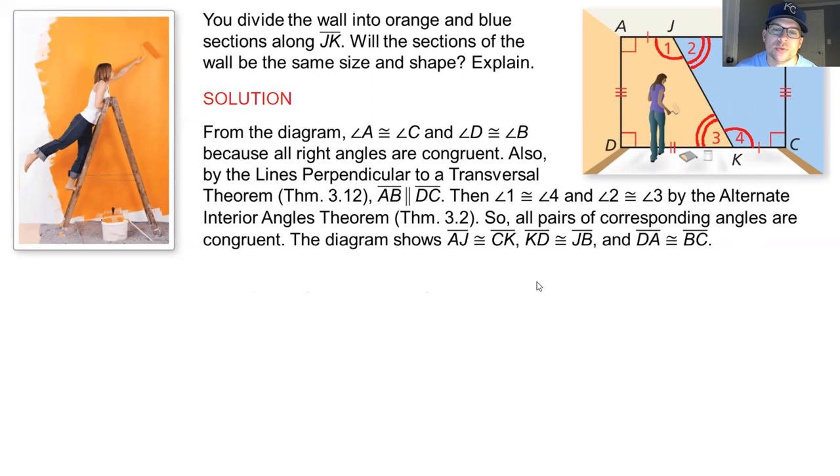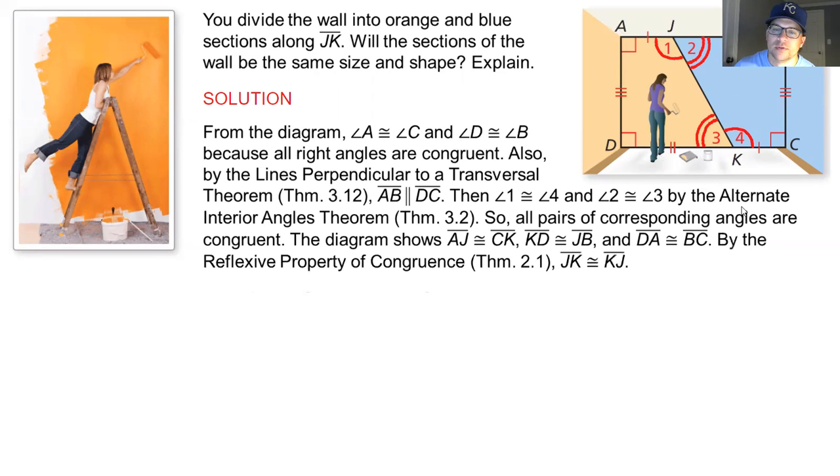Now we need to get to the sides. The diagram does show that line AJ up here has 1 marking and CK down here has 1 marking. KD, which is the long one on the orange side, JB, the long one on the blue side, AD, the vertical on the orange side, and BC, the blue on the vertical.